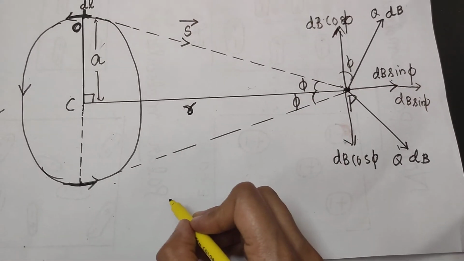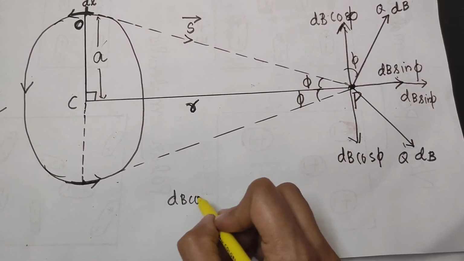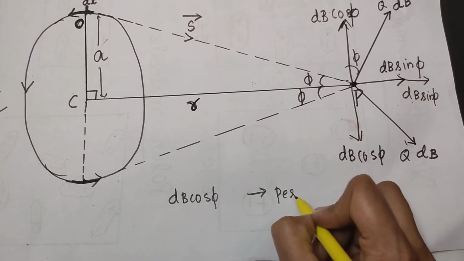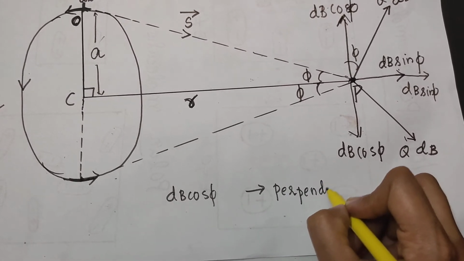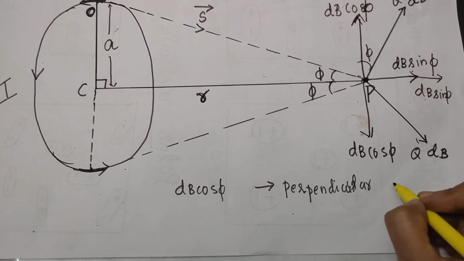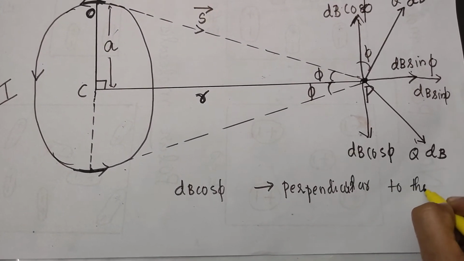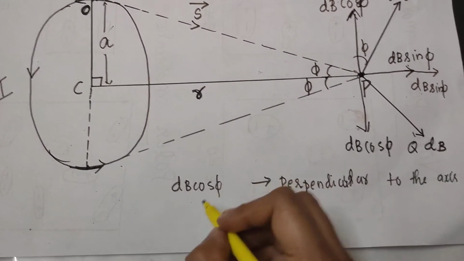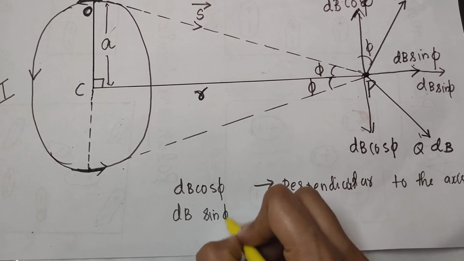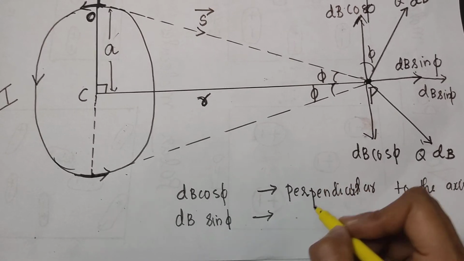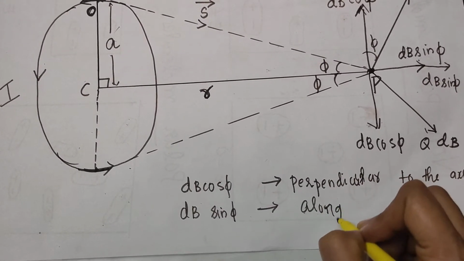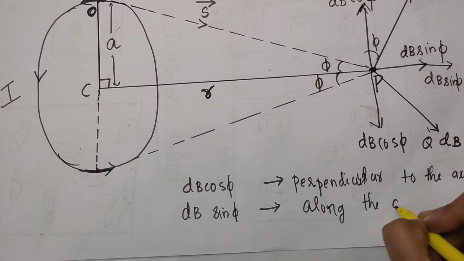And dB cos phi is the component perpendicular to the axis, and dB sin phi is the component of the magnetic field which is along the axis.